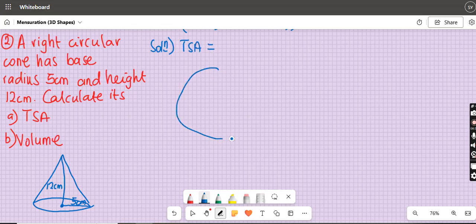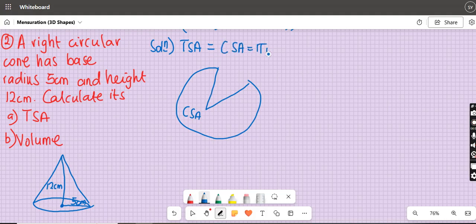If we draw the net of our cone, it will look something like this. This is the curved surface area, plus the circular base. But we are not told that it has a circular base, so we are just going to focus on the curved surface area for the total surface area.